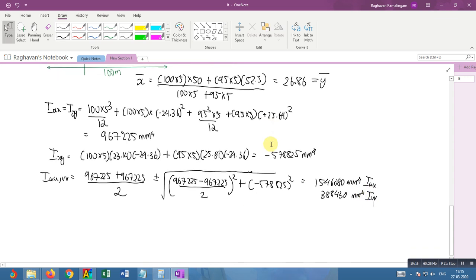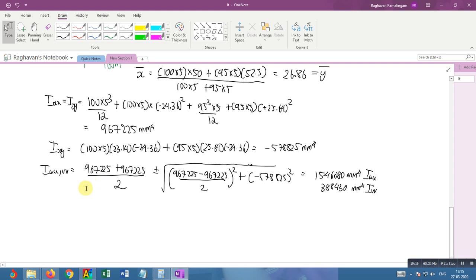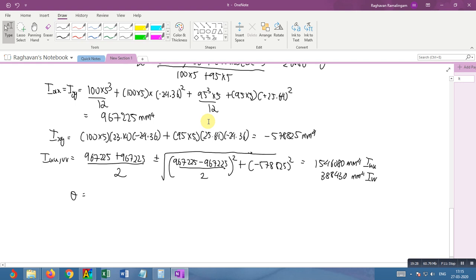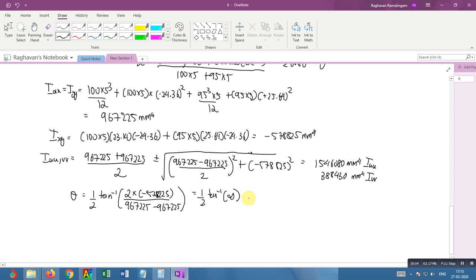That's what IVV is. Okay, and the direction, you can guess it's symmetric, so it will be 45. But if you want, you can calculate it using this formula. So theta is half tan inverse 2 Ixy by Iyy minus Ixx, which will be 0, or half of tan inverse infinity, or so half of 90 degrees, which is 45.